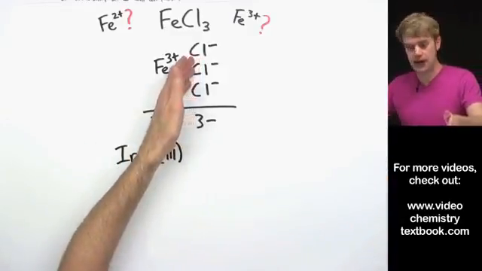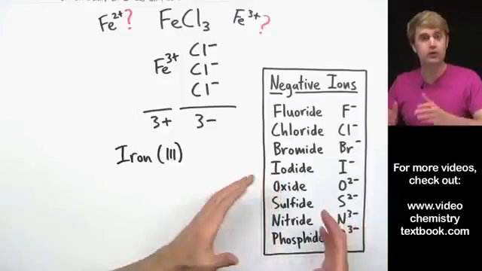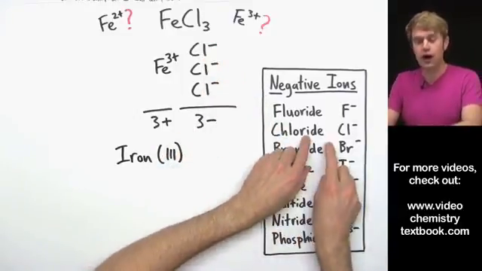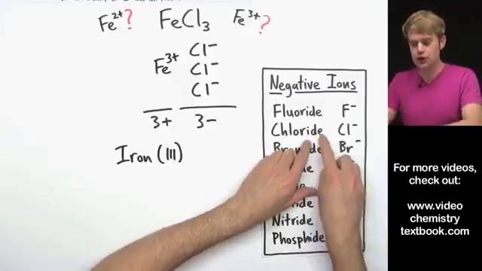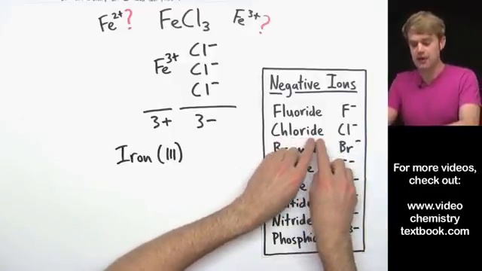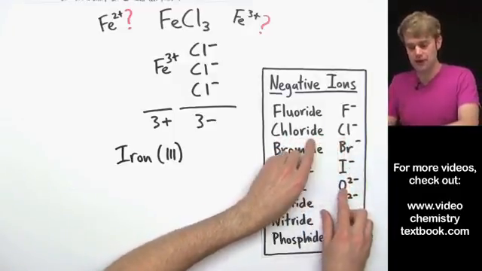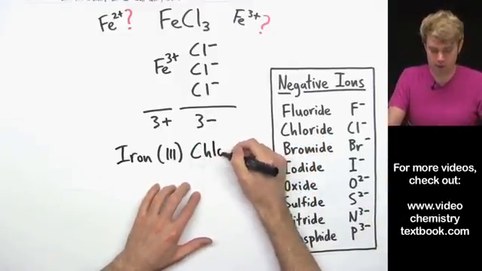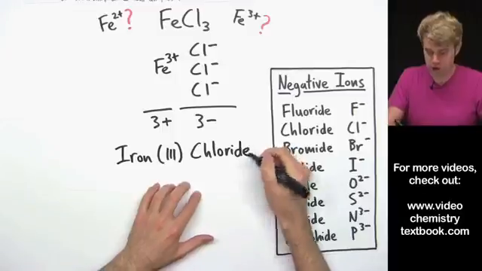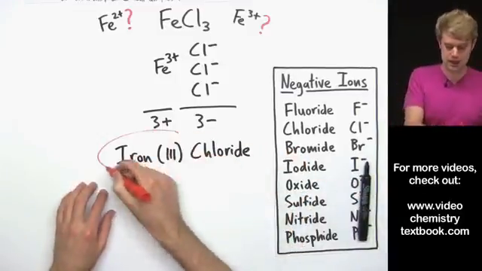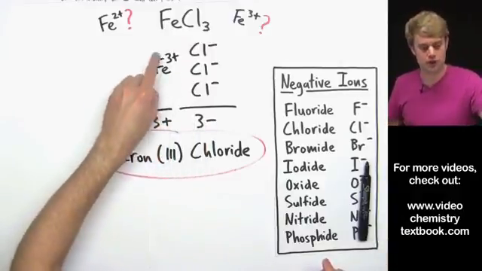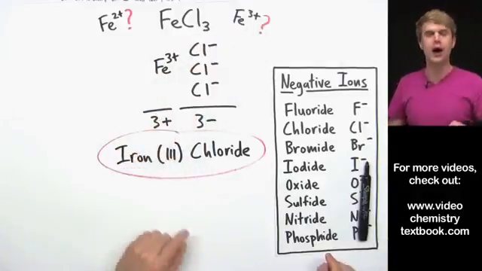And then for Cl, when chlorine becomes a negative ion, we call it chloride. The -ide usually gets added to the name of an element when it becomes a negative ion. So chloride is what we call Cl1-. So iron(III) chloride is the name of this compound. We had to work backwards and figure out the charge of iron, and then we can call it iron(III).